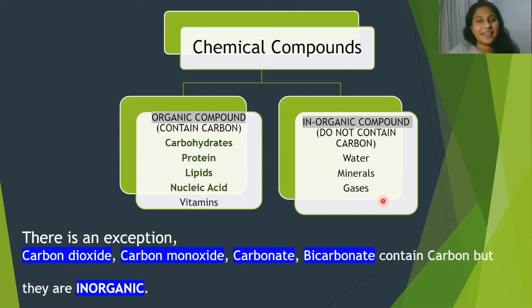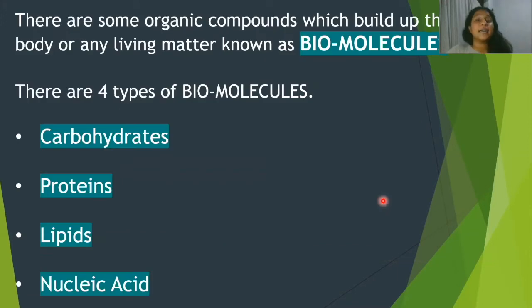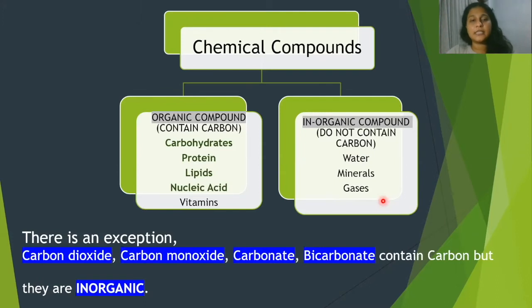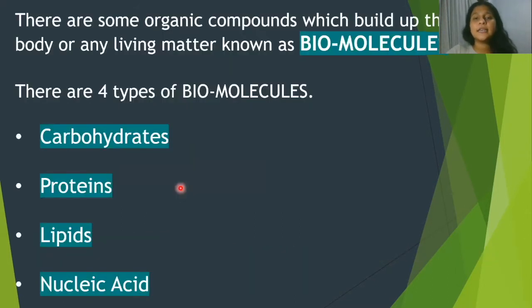Then there are the organic compounds. You learned all these four here: carbohydrate, protein, lipids, and nucleic acids. Now we are going to talk about them. There are some organic compounds which build up the living body or any living matter, known as biomolecules.